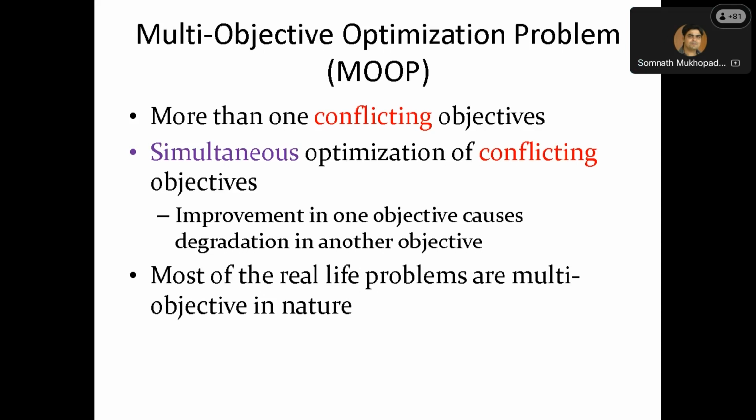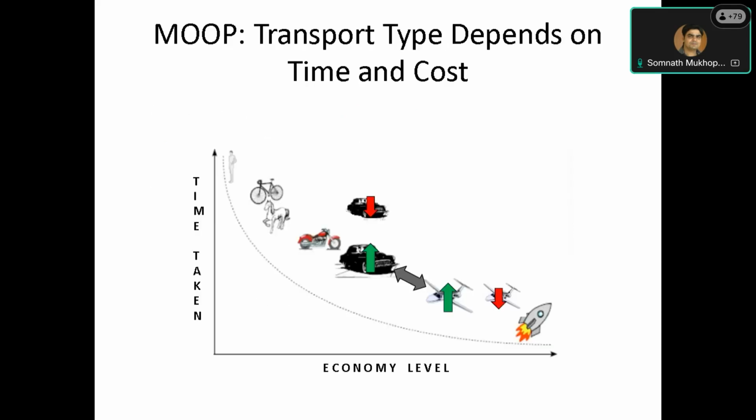So which solution is best, Nano or Mercedes-Benz? We cannot decide which solution is best among these two. So in this kind of real world problem, we have to go for a multi-objective optimization algorithm.